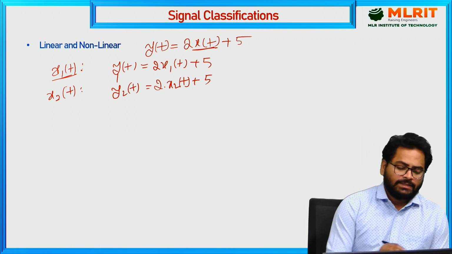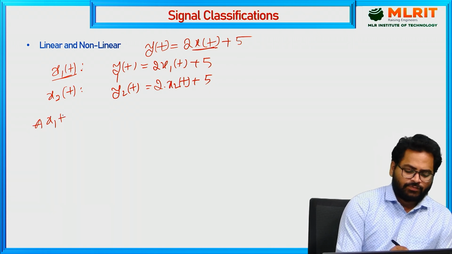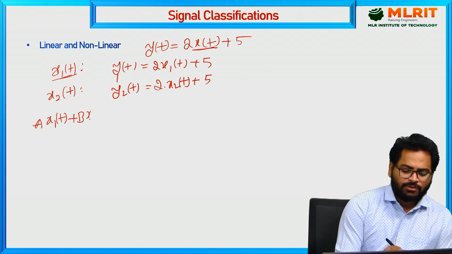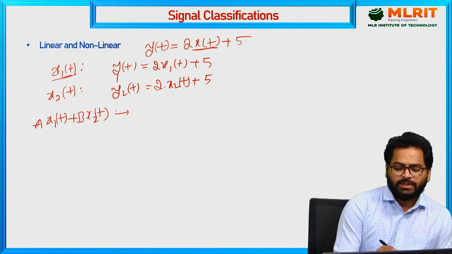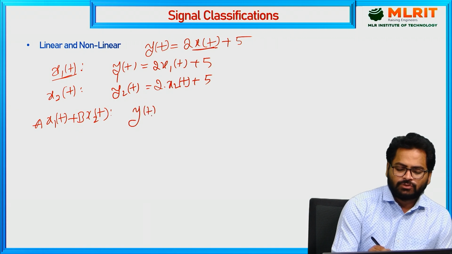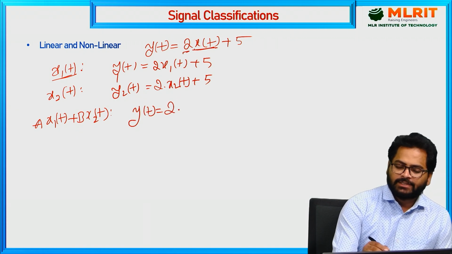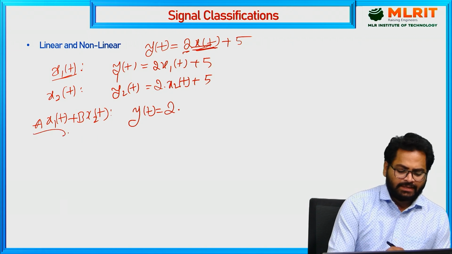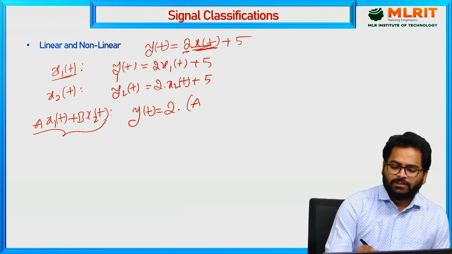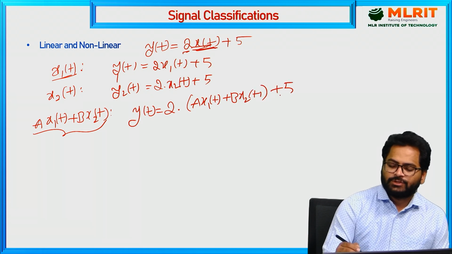Now apply the combination a into x1 of t plus b into x2 of t as my input. Then what is the output? Y of t is equal to 2, as it is, into x of t replaced by the entire input, a into x1 of t plus b into x2 of t, plus phi additional.